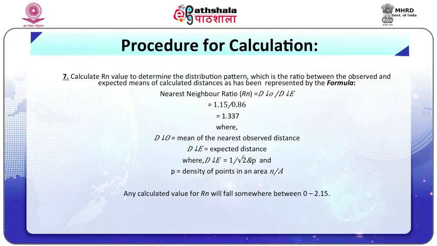Now step 7: calculate the Rn value to determine the distribution pattern, which is the ratio between the observed and expected means of calculated distances, as represented by the formula.